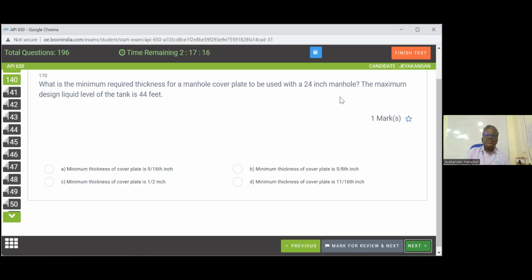So for 44 feet and 24 inch, what is the minimum manhole cover plate thickness? The answer is 5/8 inch.